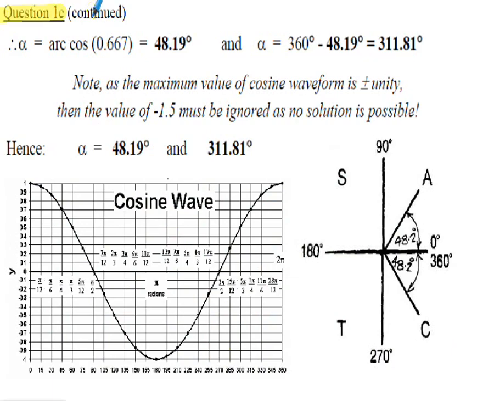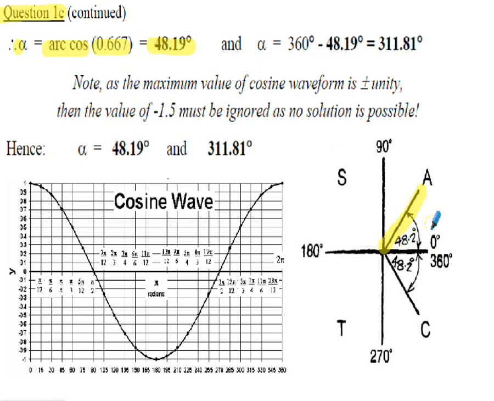Question 1c continued here. So to find the value of alpha, I take the inverse cos, I've labelled it as arc cos here, that's cos to the minus 1 of 0.66 recurring here. That gives me 48.19 degrees, which would be a valid solution because in the first quadrant all the ratios are positive, so I will get a positive value of alpha of 48.19.